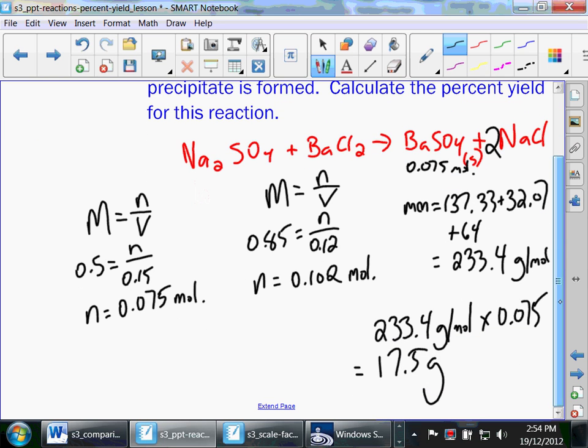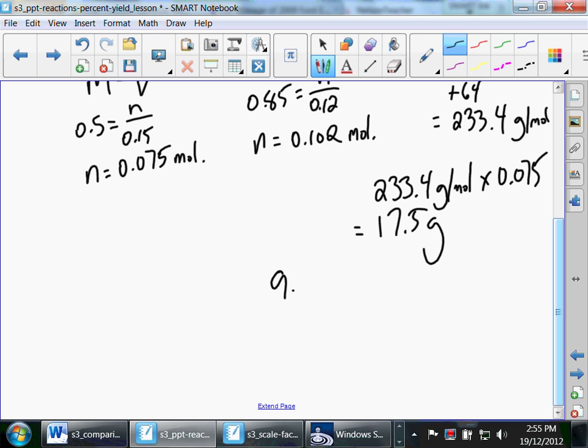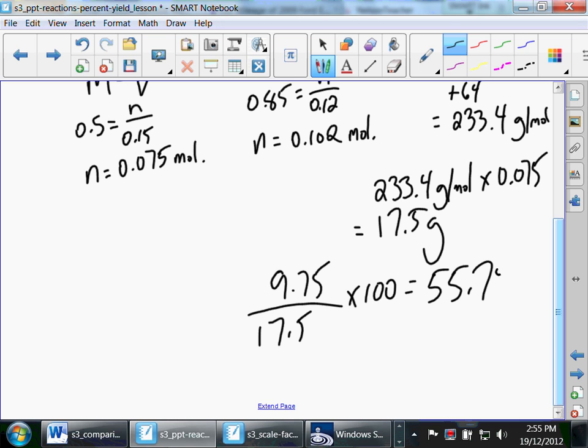So we're going to take that and divide it by what we theoretically should get. So that's 9.75 divided by 17.5 times 100. And that will give us our percent yield. And we should get 55.7% as our percent yield.